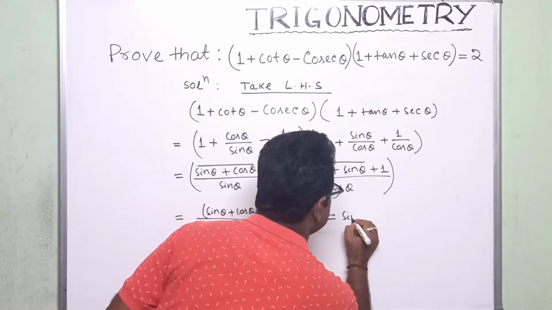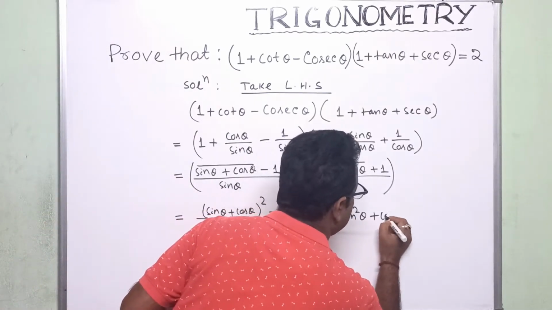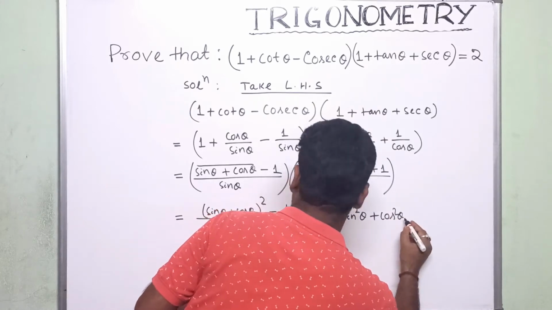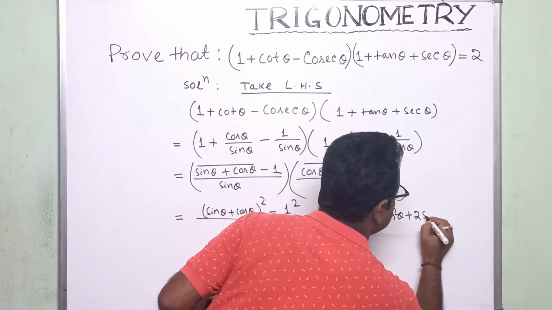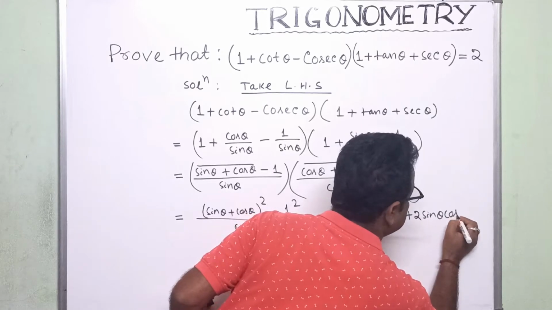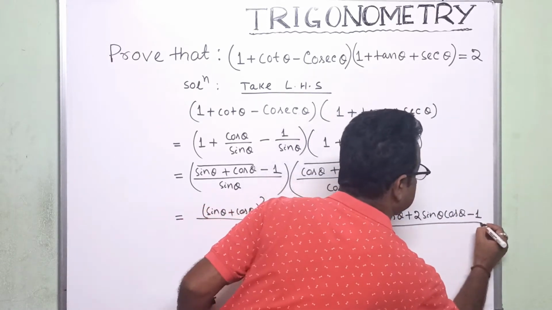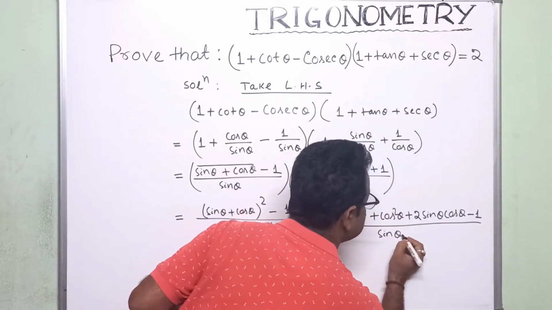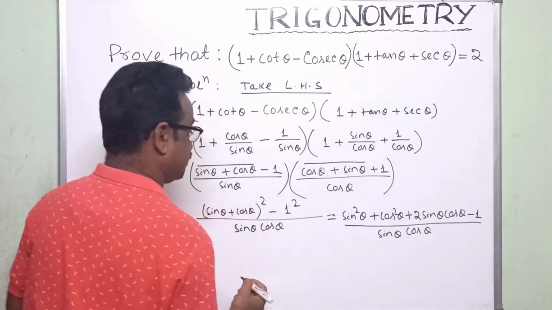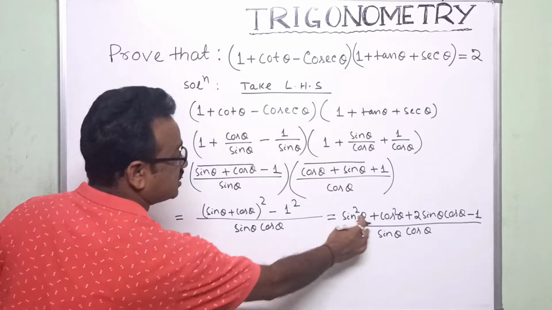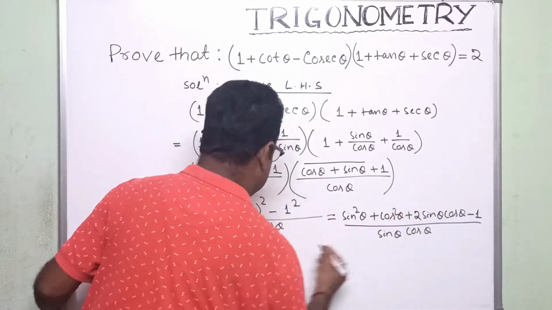That is your sin square theta plus cos square theta plus 2 sin theta cos theta minus 1, whole divided by your sin theta cos theta. That is equal to your sin square theta plus cos square theta, 1, minus 1.